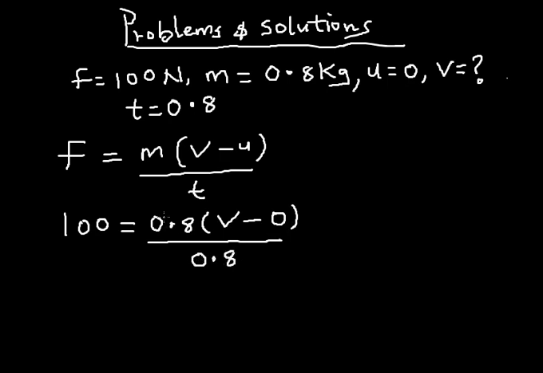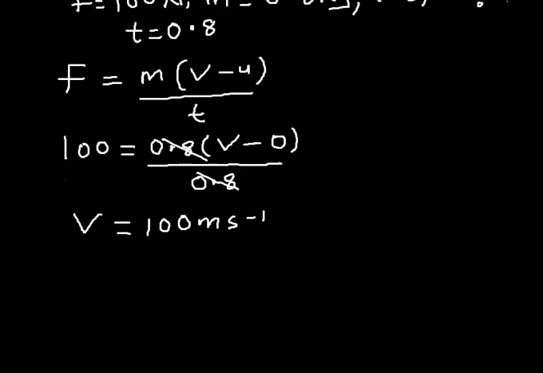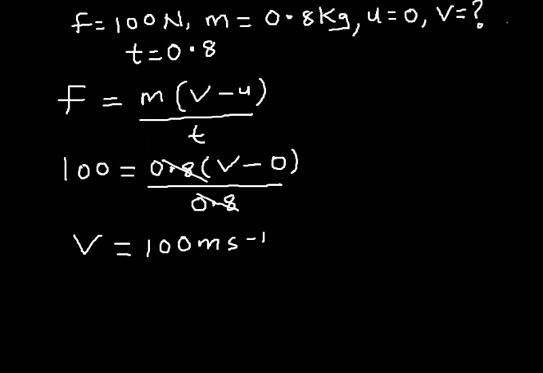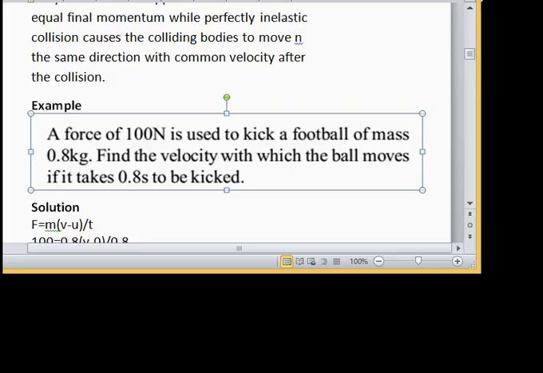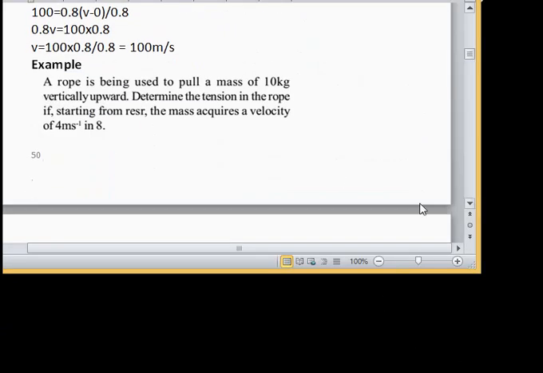So 0.8 cancels 0.8, and v minus 0 is v. So v is equal to 100 meters per second. That's Newton's second law.